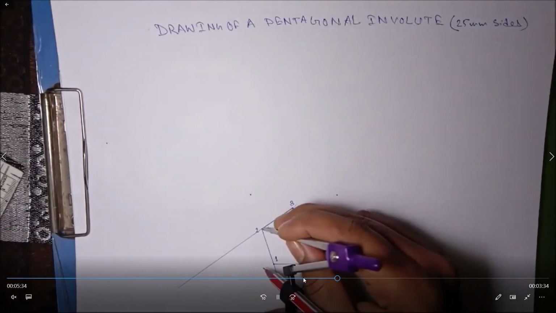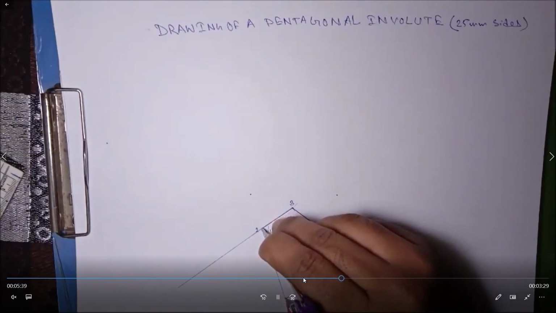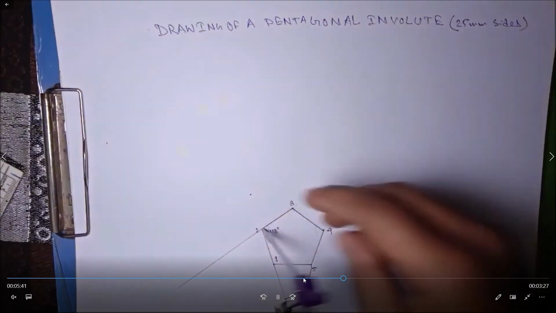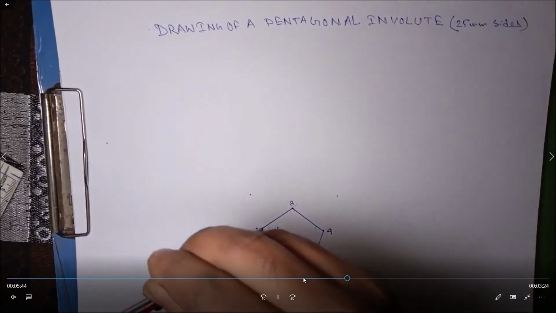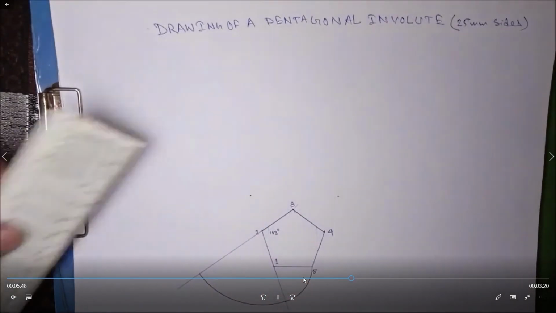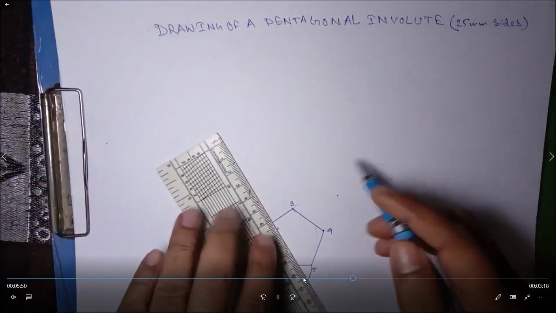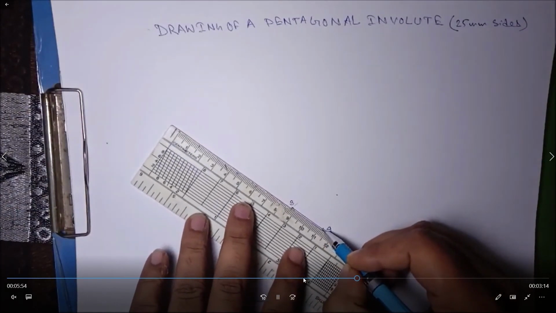That is the 2. Here directly I will take that radius 25, 25, 50. Okay.